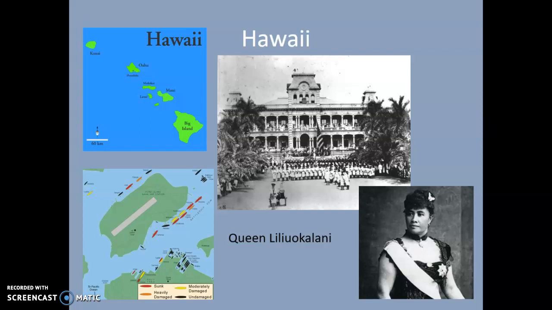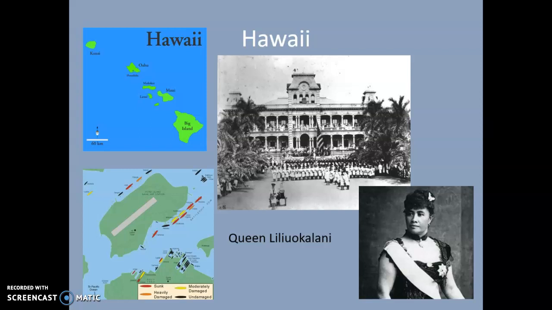Well, the U.S. eventually puts a tax on foreign sugar to protect American sugarcane farmers, and Hawaiian sugar will then become very expensive because when you have a tax on imports, then the price of the product is raised to make up for that tax. And so you have American and white sugarcane farmers out of Hawaii who now are losing their profits because Americans are no longer purchasing imported sugar.